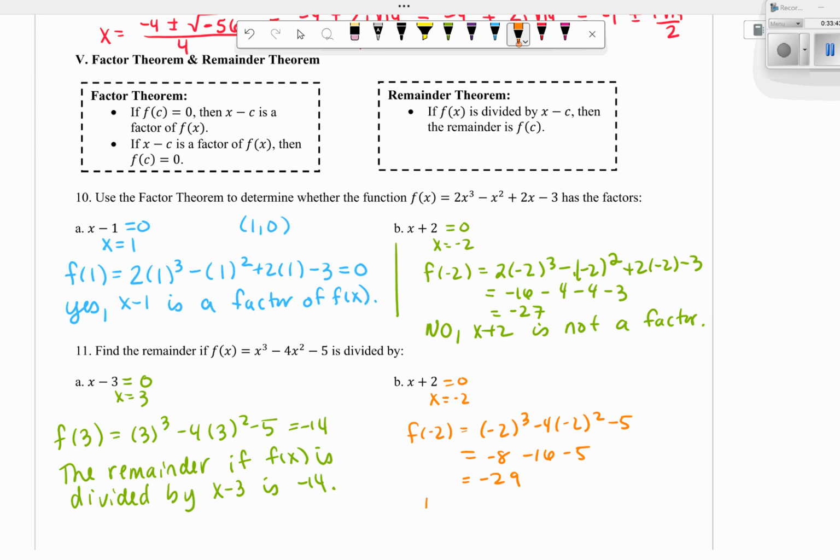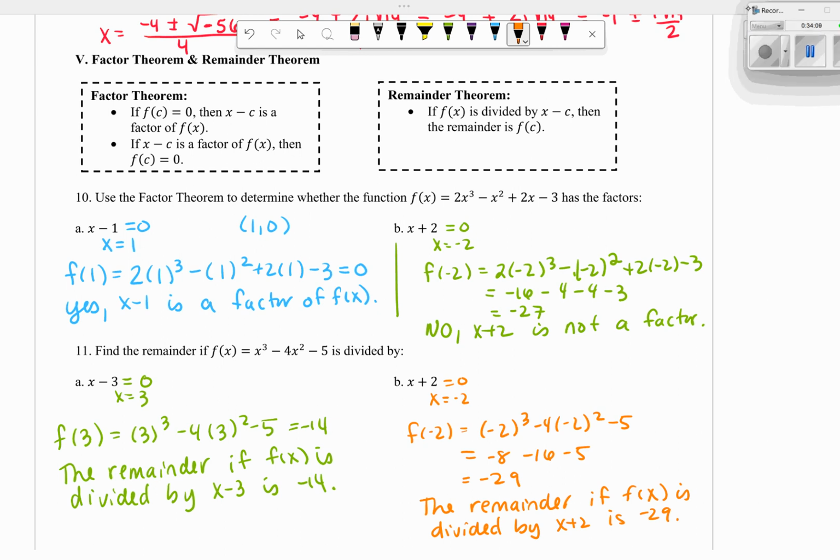So the remainder, if f of x is divided by x plus 2, is -29. So again, if you wanted to do synthetic or long division, that would give you your remainder by the remainder theorem. And that is all for today's lesson.